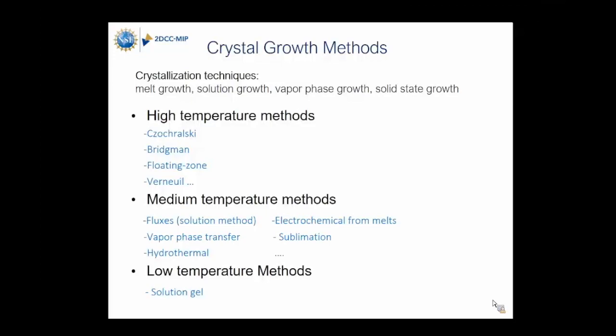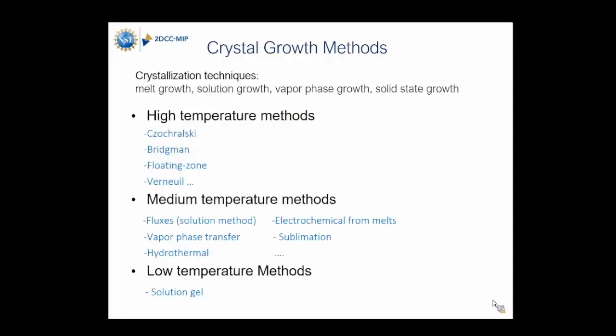High temperature growth methods include Czochralski, Bridgman, and floating zone, usually above 1200 degrees C. Medium temperature methods include flux, vapor transport, hydrothermal, and electrochemical growth from melt, and the growth temperature for these techniques is usually below 1200.